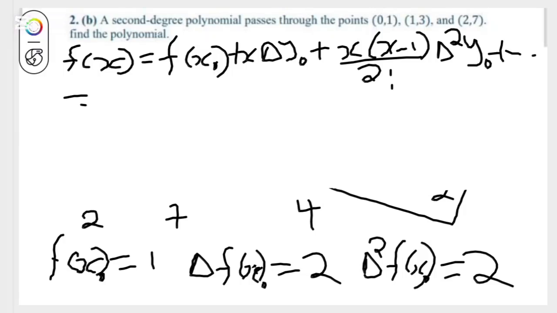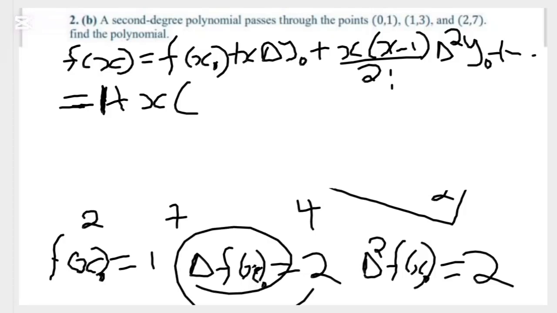So this will be equal to f of x naught, which is 1. So I'll say 1 and then plus this x. I have x here and I have d y naught. My d y naught is 2.